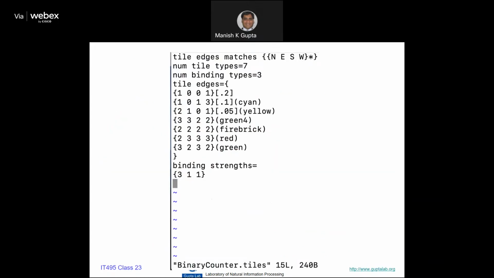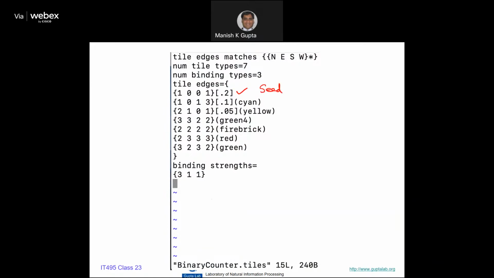here is a .tiles program which you can simulate on Eric Winfree's simulator. So how do we write this? The file name is .tiles, anything you want, right? Binary counter .tiles. Now you can see that this is the seed tile, right?